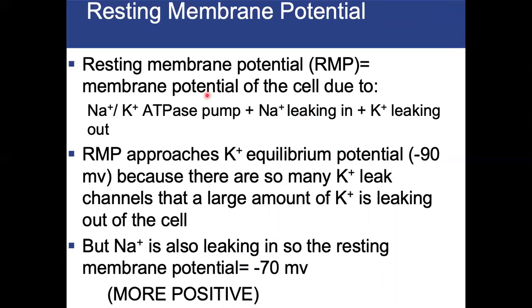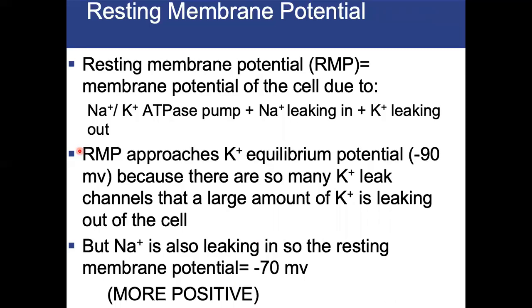So resting membrane potential is due to the sodium-potassium pump kicking sodium out and dragging potassium in. So that means that there's more sodium on the outside, more potassium on the inside, and sodium leaking in and potassium leaking out. Resting membrane potential is going to approach potassium's equilibrium.